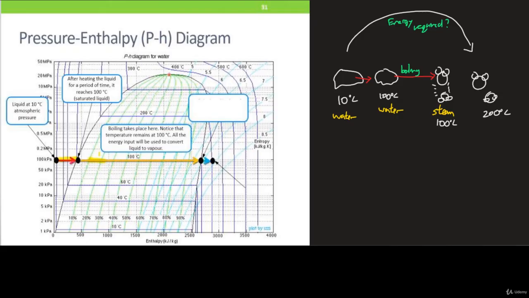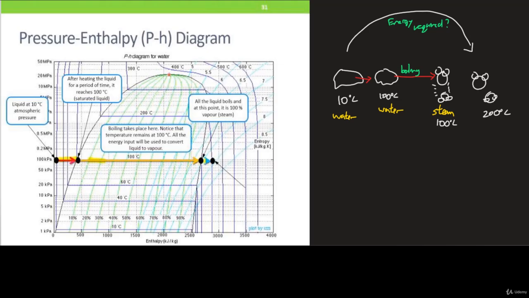Finally, let's say all the H2O molecules become vapor. That means at the third dot over here, all your liquid has already boiled off. Everything has become steam, a vapor.